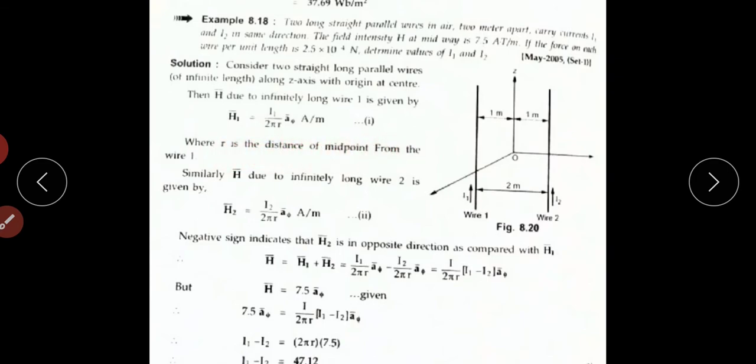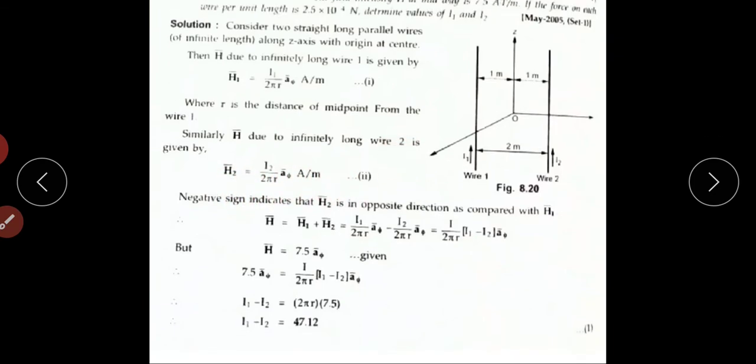Similarly, H bar due to long wire 2 is given by H2 bar, which equals I2 by 2 pi r into a phi bar. Here H2 bar is in the opposite direction compared with H1. So H bar equals I1 by 2 pi r into a phi bar minus I2 by 2 pi r into a phi bar, which equals 1 by 2 pi r into I1 minus I2 into a phi bar.